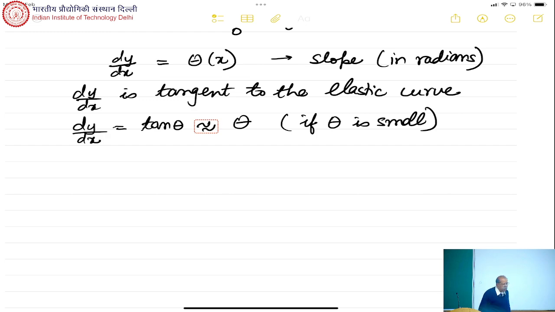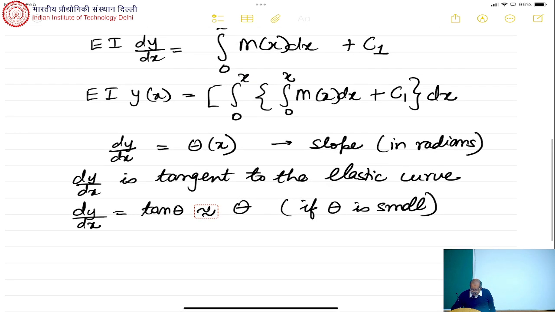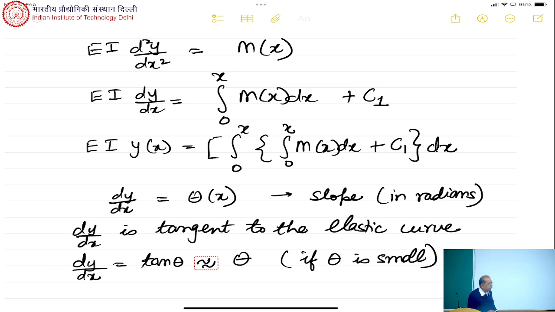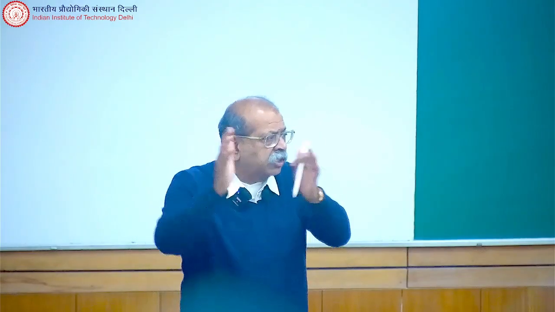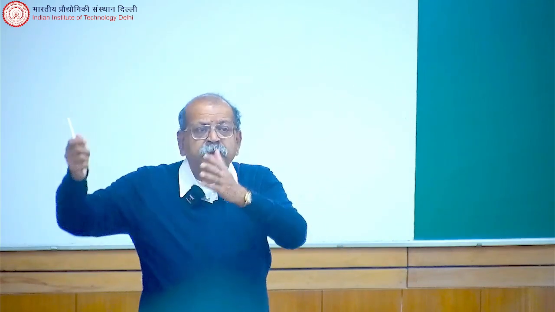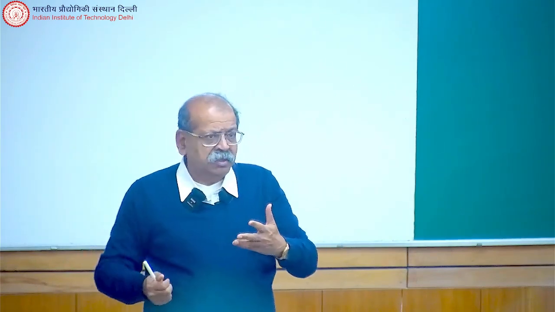So now what we realize is in this expression, if M of x has the same form, then we can integrate. And if M of x changes, then we will have piecewise continuous distributions of y of x.